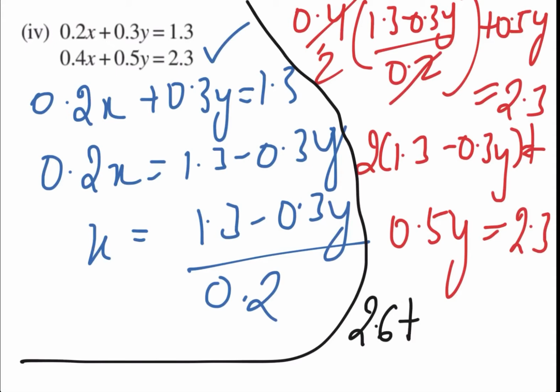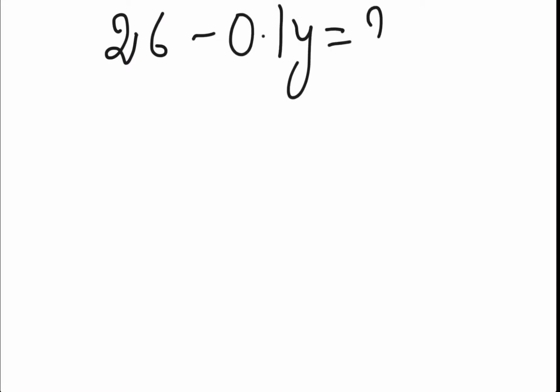Okay, so I had got this equation: 2.6 minus 0.1y is equal to 2.3. This was the equation I had got.